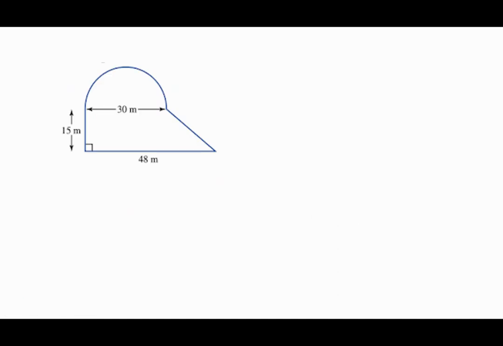Okay, so in here, we're going to do the exact same thing. We're going to put our highlighter on, and we're going to do our values that we know specifically. So we know this one is 48, and we know that this one is 15. Those are the only two that we know.